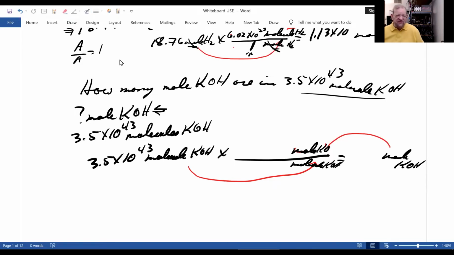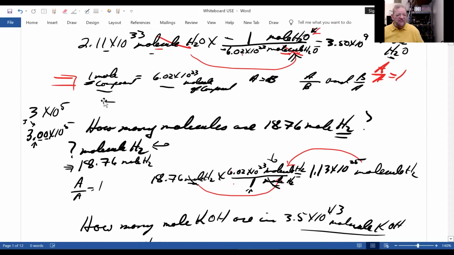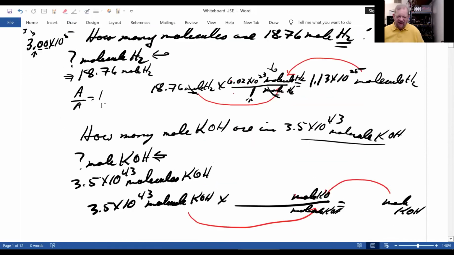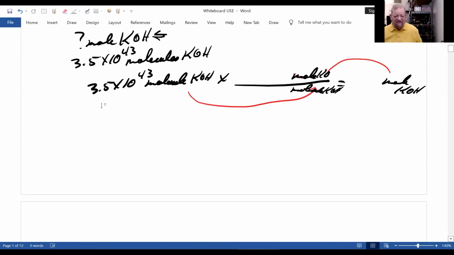Where do I get this number? Important information you will be given. I used to make students memorize this, but I don't. 1 mole of a compound equals Avogadro's number of that compound. And you should know by now Avogadro's number is 6.02 times 10 to the 23rd. So 1 mole of a compound equals Avogadro's number, so I can do this ratio.